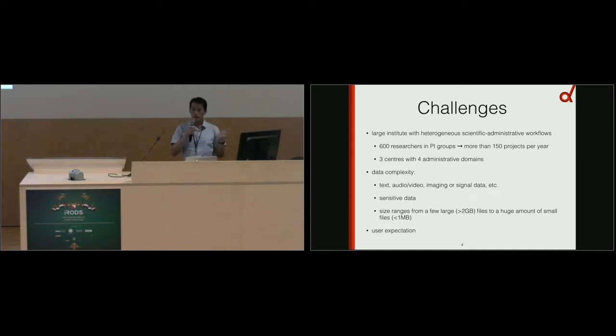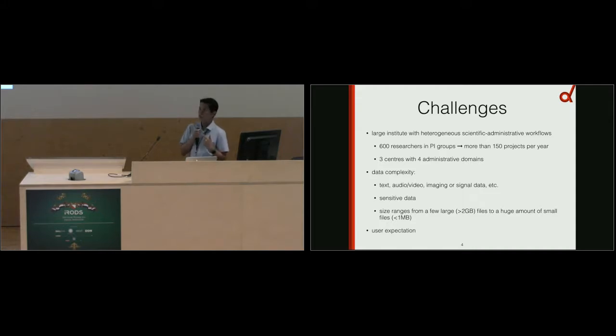Those projects are so diverse that you have different approaches to doing the research. Talking about organization, we have 3 centers, and I'm coming from one of them. There are 3 sets of administrative procedures and policies across these 3 centers. So this is a very complex environment in terms of organization.